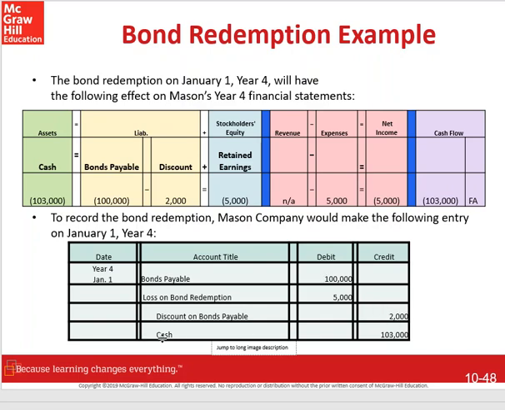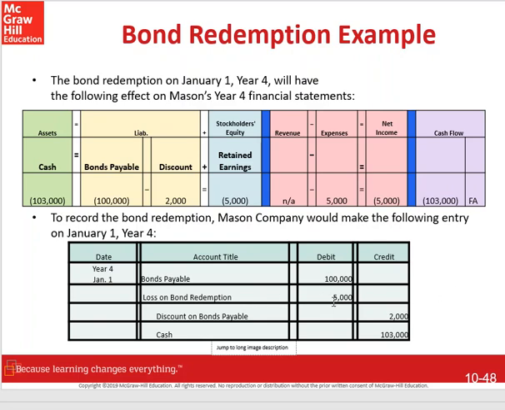What else do we get rid of? $103,000 worth of cash. And then finally, question 3, what's the difference? And the difference is a $5,000 debit in order for this journal entry to balance, which we call loss on redemption of bonds. So that's the basic idea with a bond redemption.